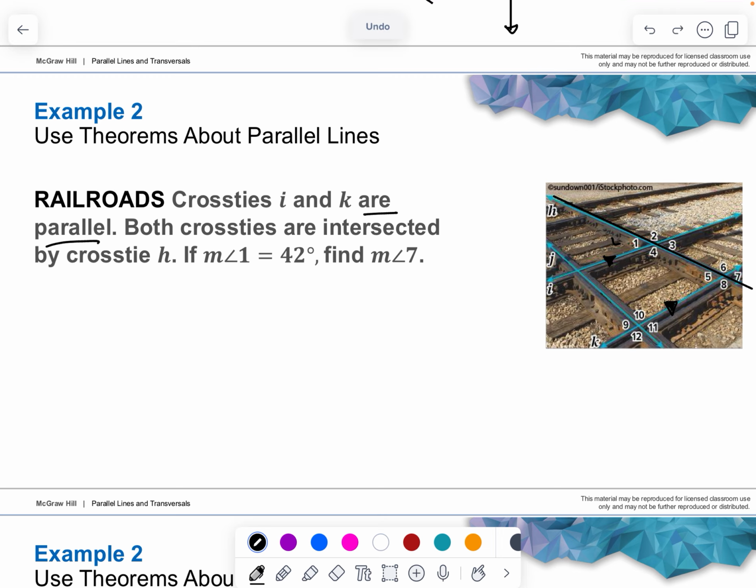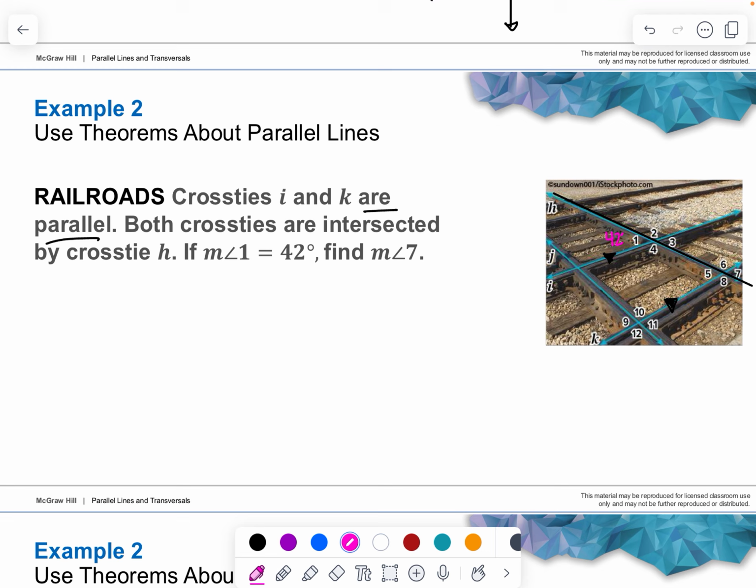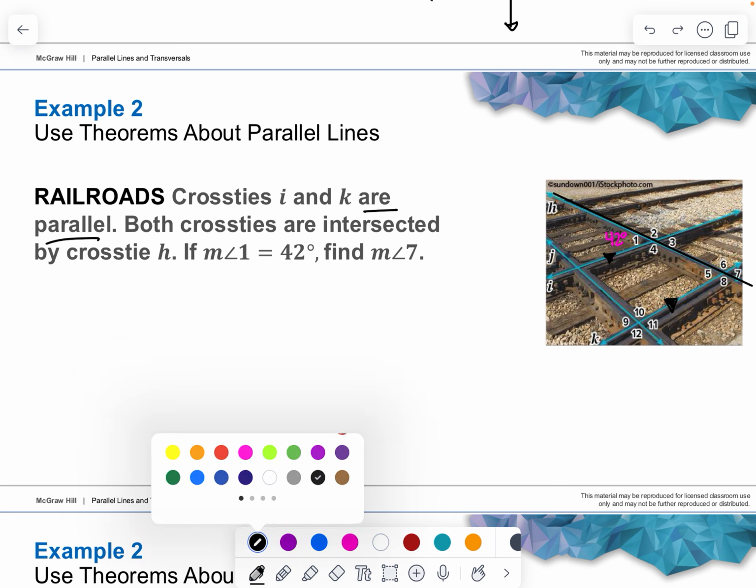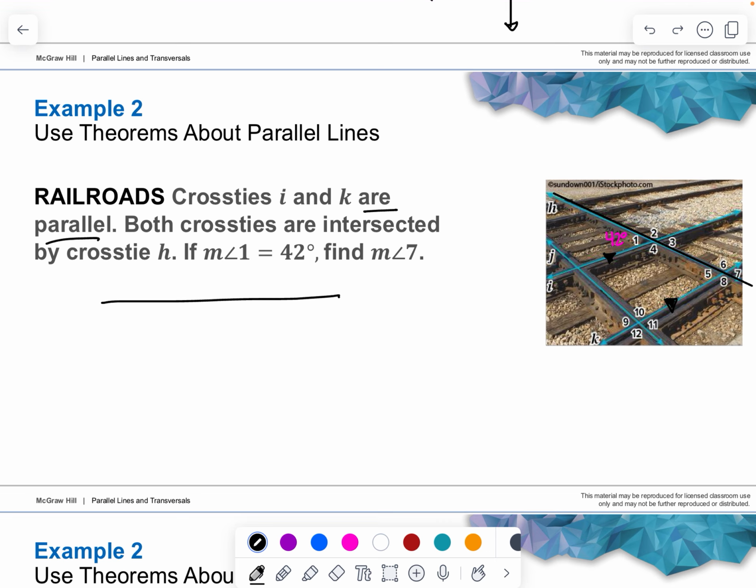My black pen is really hard to read. I might go grab a pink. I think that might show up better, 42. Find the measure of angle 7. So 7 is down here. So if I redraw it, that's I, and K. I have H coming down through it.